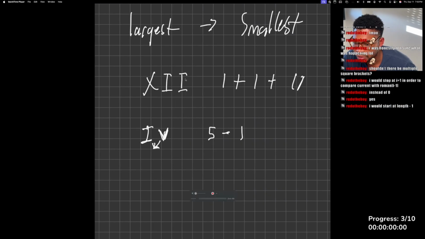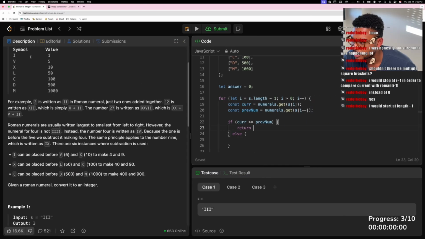I is 1. So if it's going up, then we add this plus the previous num. And then if it's going down, then we do the previous num minus the current.